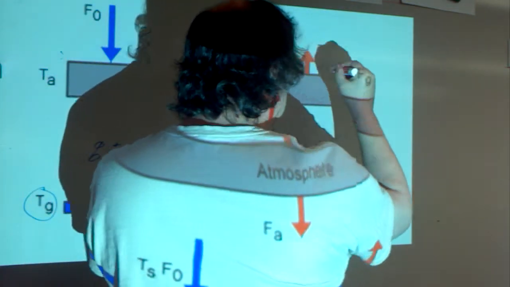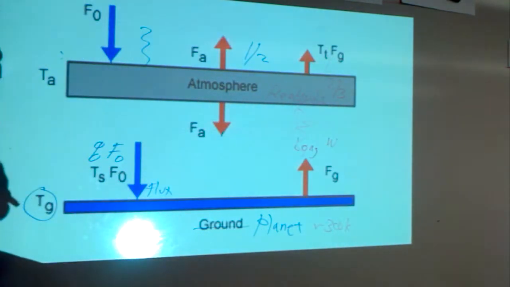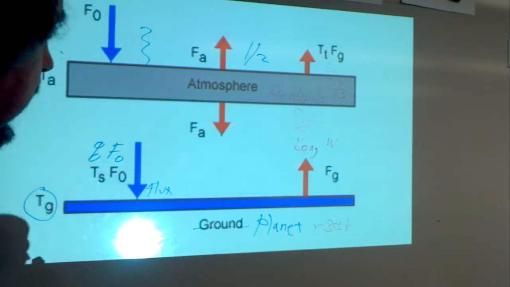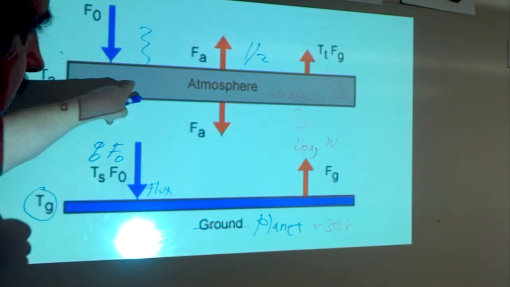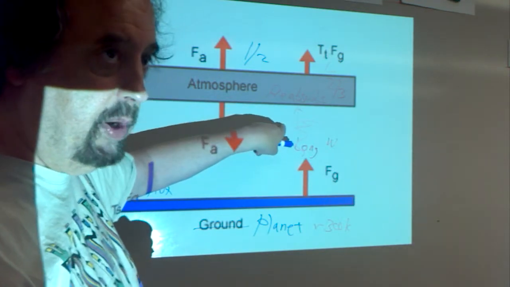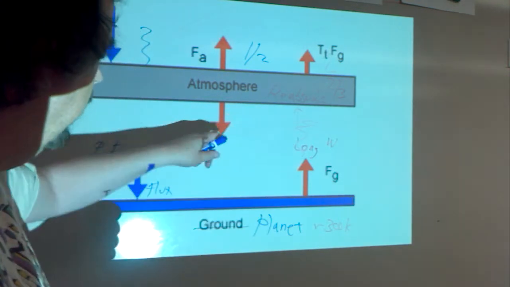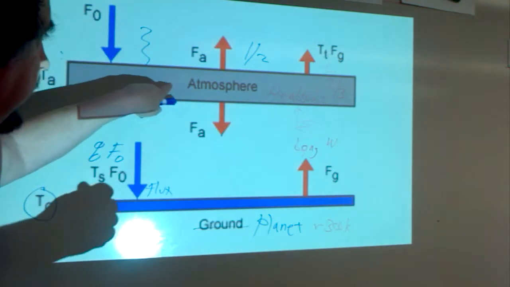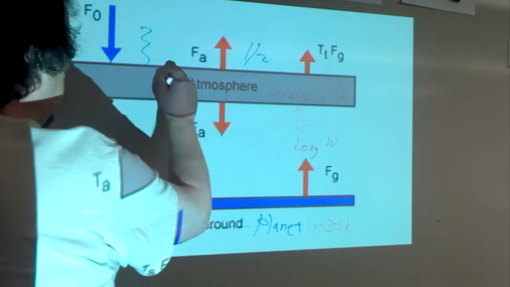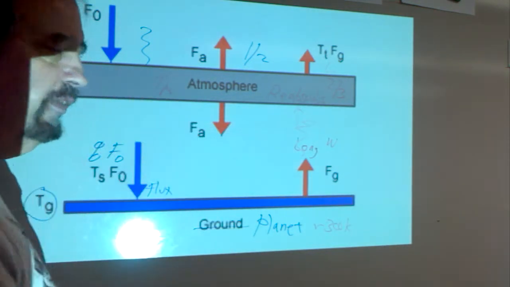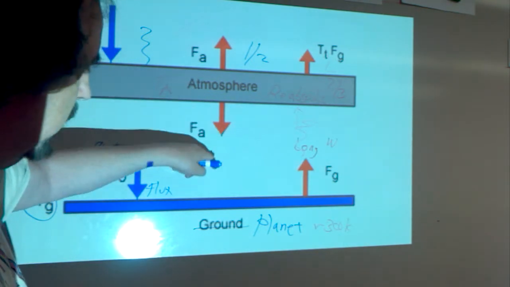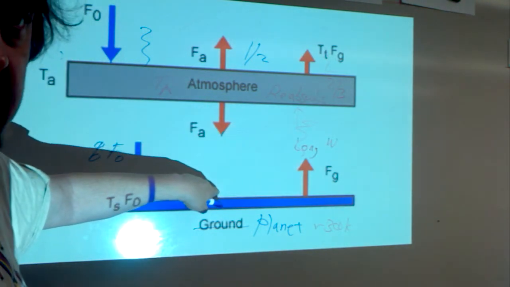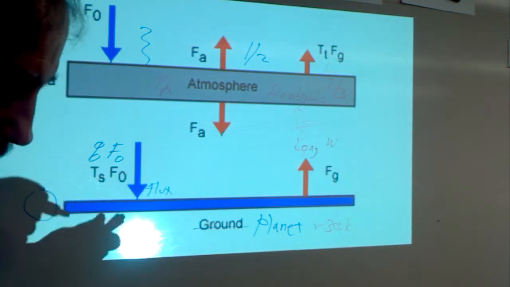Approximately 2/3 of the total flux emitted by the ground is absorbed by the atmosphere. So the atmosphere has two sources of heating, incoming sunlight and outgoing long wavelength radiation. And so, as a result, the atmosphere has this finite temperature, T sub atmosphere, and half of that extra temperature, so to speak, is re-radiated back to the ground, thus making the surface temperature warmer.